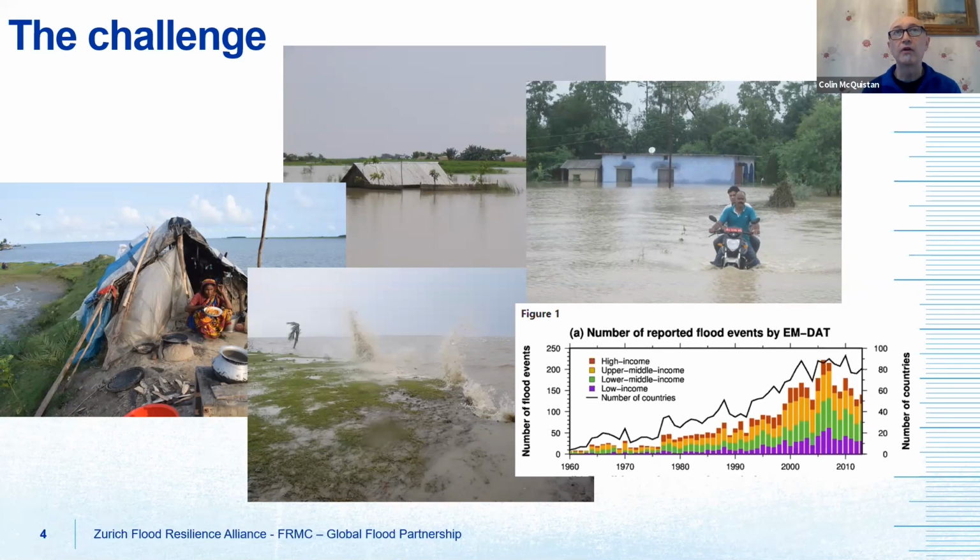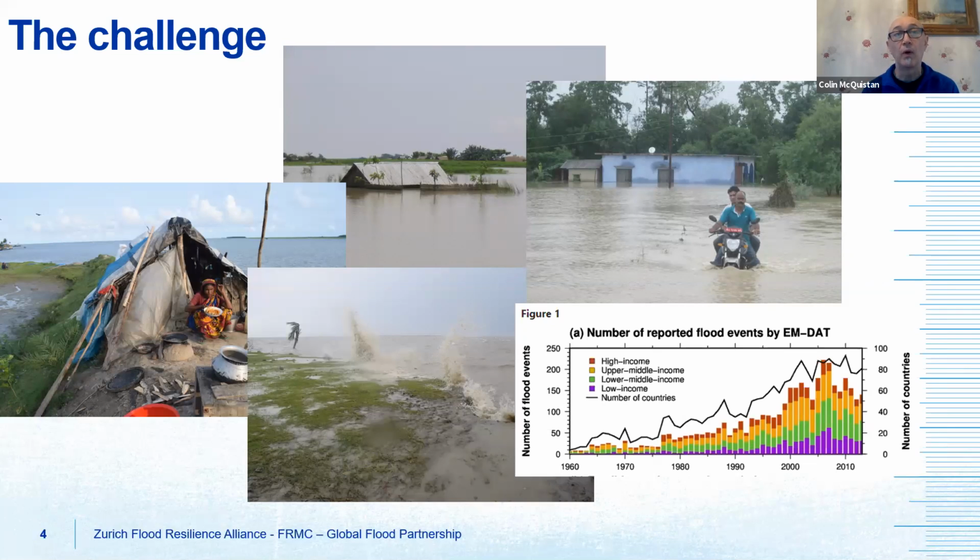So these are just some photographs from our programs around the world. And as you can see, the communities that we're working in next to rivers, on coasts, they are facing increasing floods. And the graph there is really just to indicate that this is getting more severe, more intense, and happening more frequently.